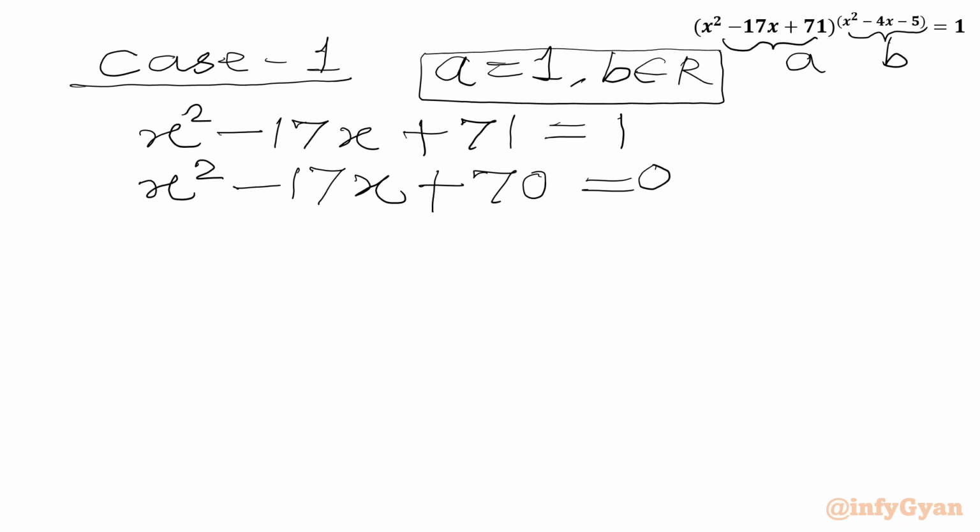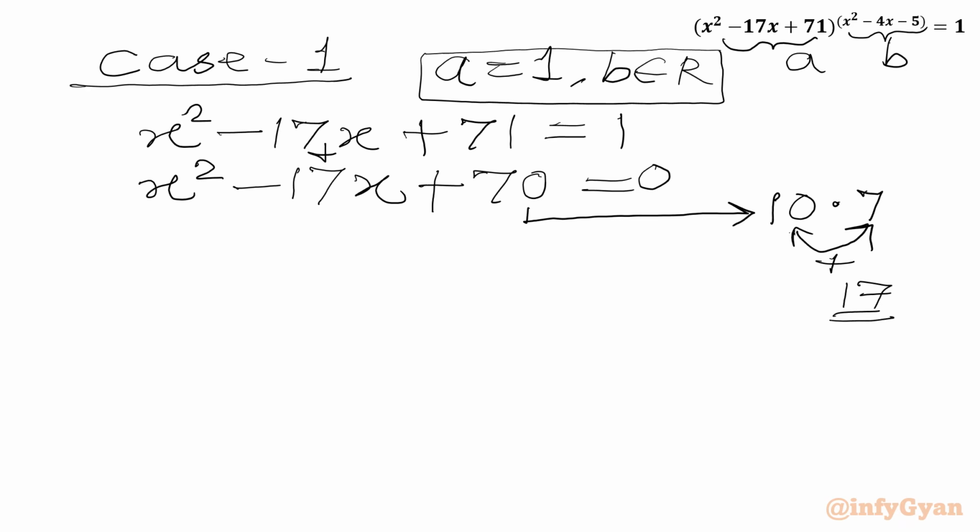Now this is one quadratic equation. We can use method of factorization. We have factors of 70, 10 times 7. If I add these two, I am going to get 17, which is the middle term coefficient here. So I can split minus 17x as minus 7x minus 10x.